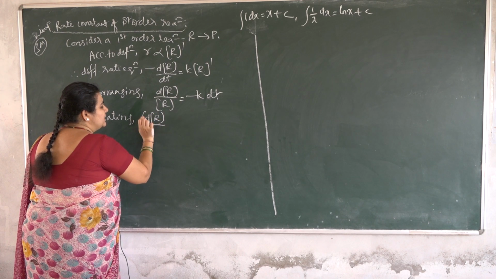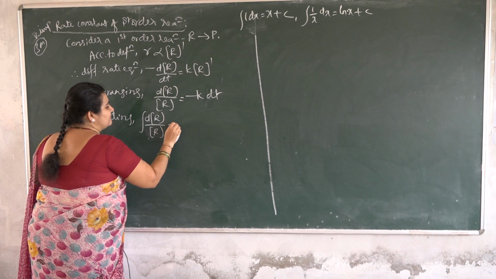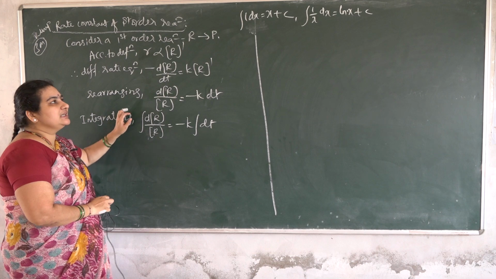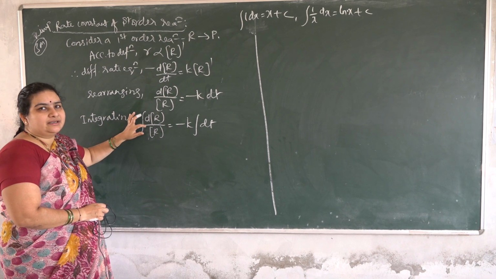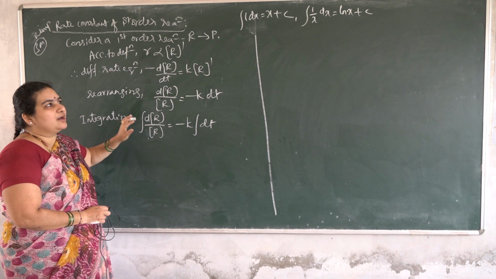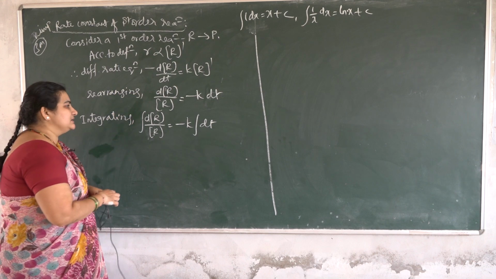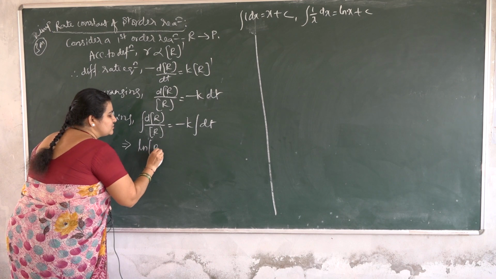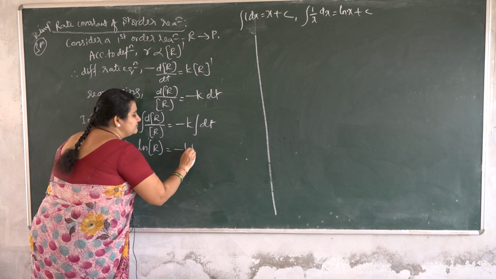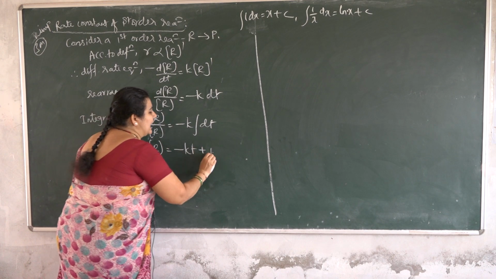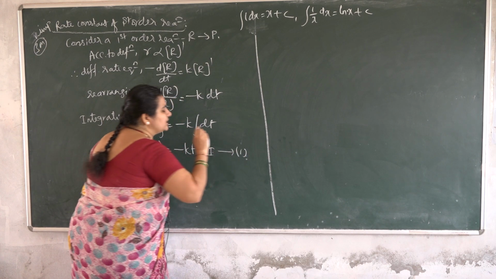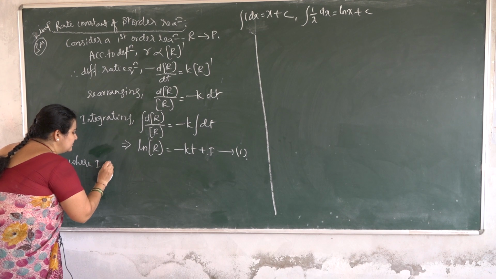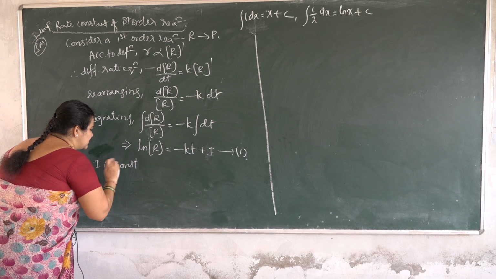Integral of d[R] divided by concentration of R is equal to minus k into integration of dt. See here, d[R] divided by R is in the form of 1 by x dx. 1 by x dx is ln, so ln concentration of R is equal to minus kt plus I. Let it be equation 1, where I is the constant of integration.